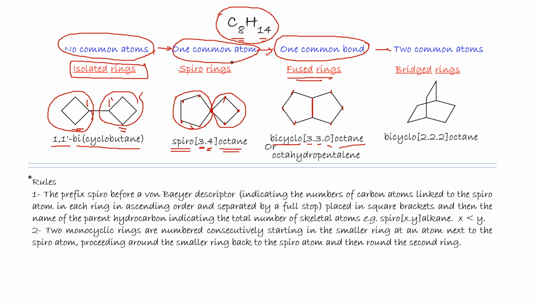Or we can have 2 common atoms. We call it bridged rings. This is the bridged link carbons. So it's 2 here, 2 here, 2 here. So again, that's bicyclo, but in this case it's 2.2.2 octane.